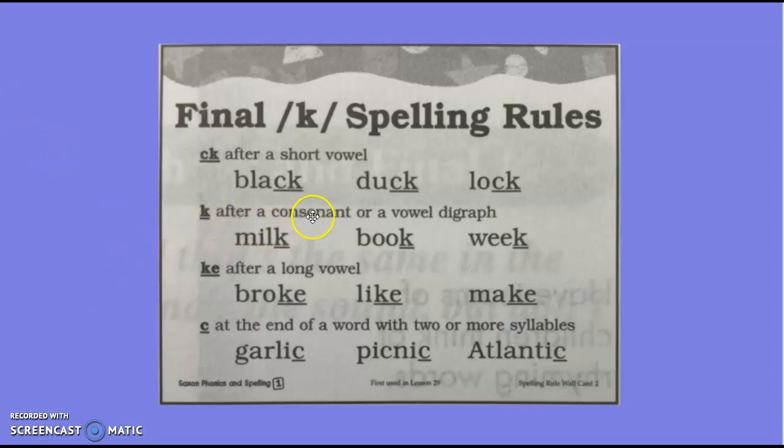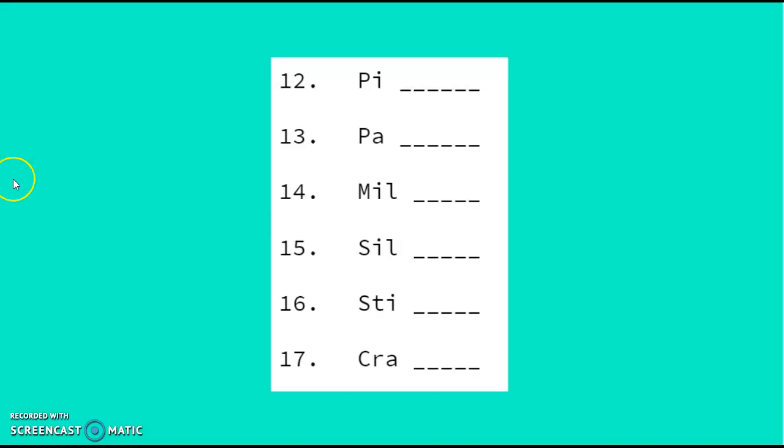After a consonant, we use K. Write a K on line 14. 15, silk. Silk. We have another consonant. Do you remember what we do when we have a consonant at the end of a word? Right. K. Write a K on line 15.